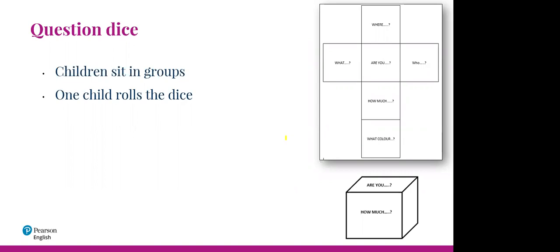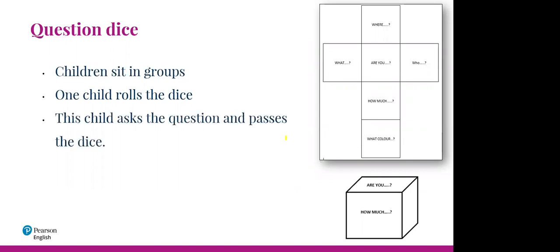So they sit around the table, one child rolls the dice, and when the child has rolled the dice, they have to ask the question from the top side of the dice, right? For example, here the top side is "Are you?"